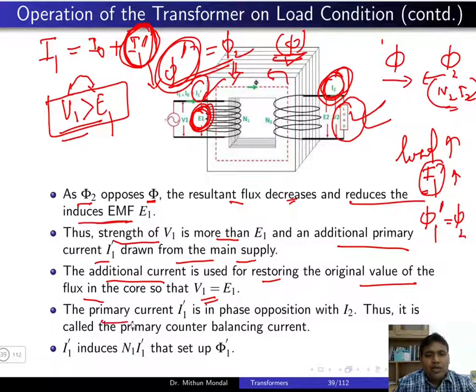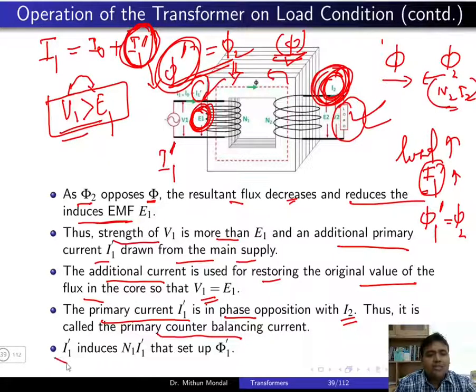So the primary current I1 dash is in phase opposition with I2. The current I2, which is flowing in the secondary winding, and I1 dash, which is the extra amount of current drawn by the supply due to the extra load, will counterbalance each other. So there will be counterbalancing of these two components.